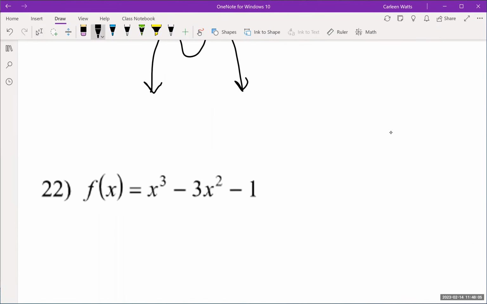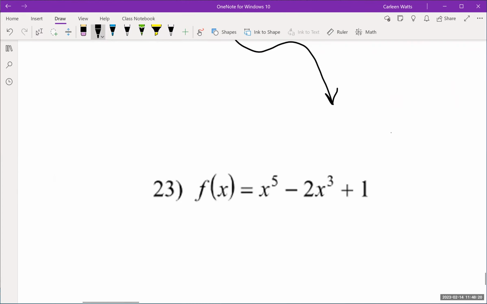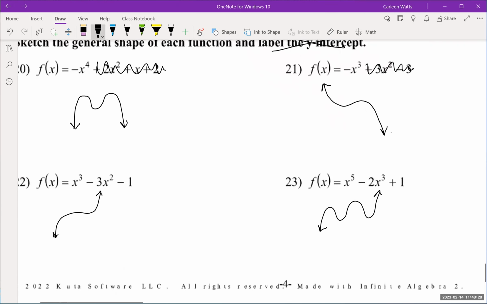X to the cube, x cubed, fall left, rise right. X to the 5th. 1, 2, 3, 4, 5. There you go. And are we done?